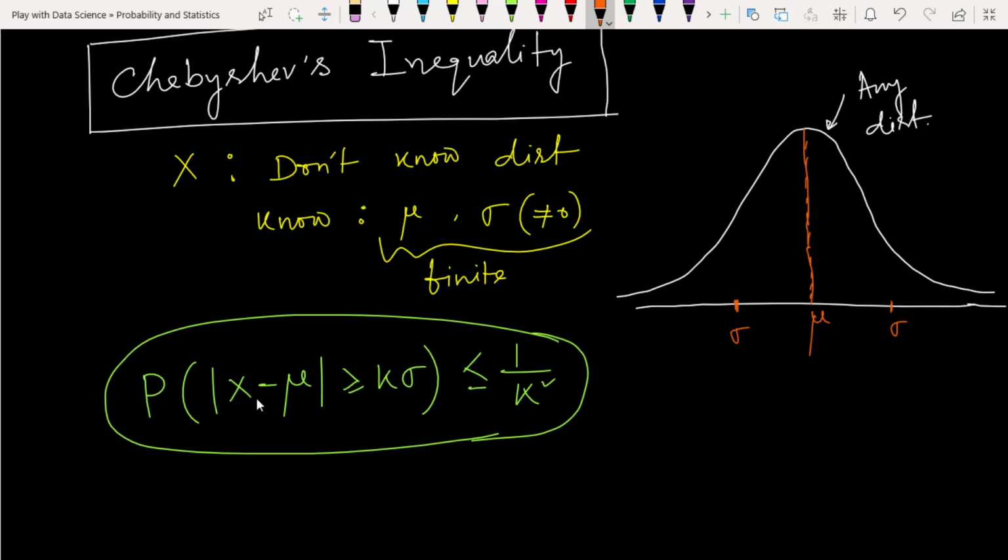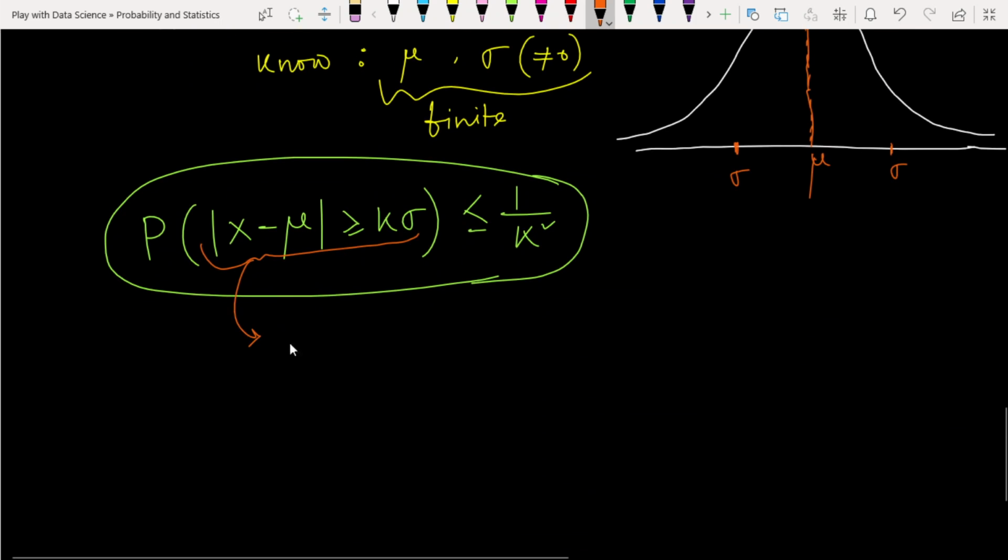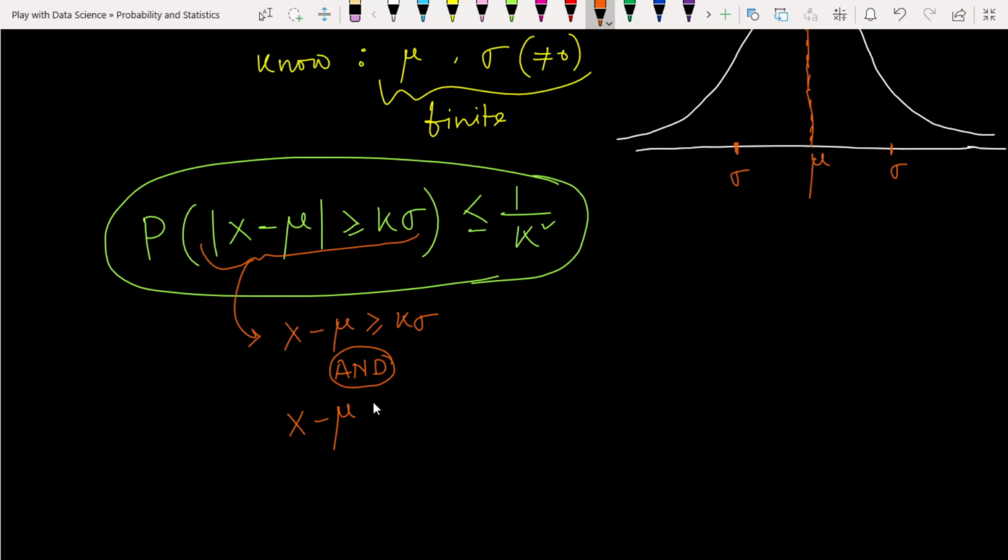So what is it actually telling? Let's try to understand what is inside this probability. It means x minus mu is greater than or equal to k sigma, and x minus mu is less than or equal to minus k sigma.